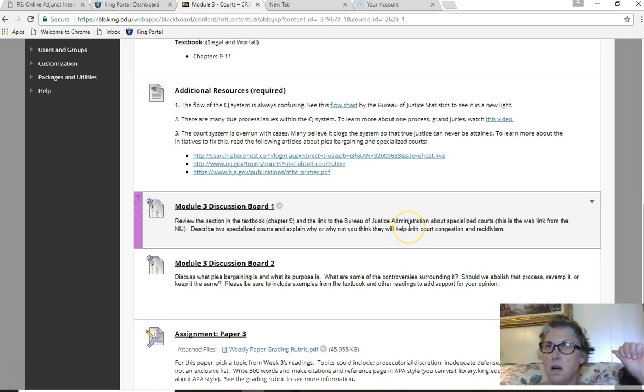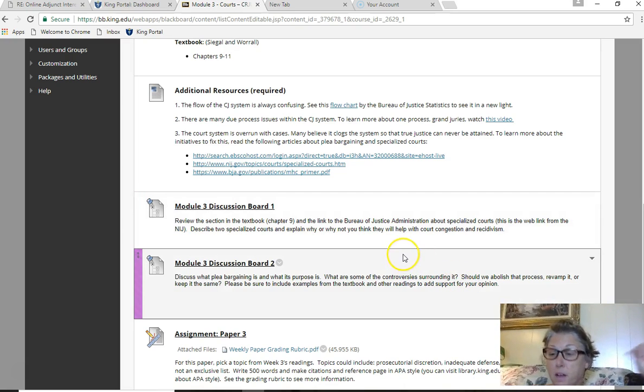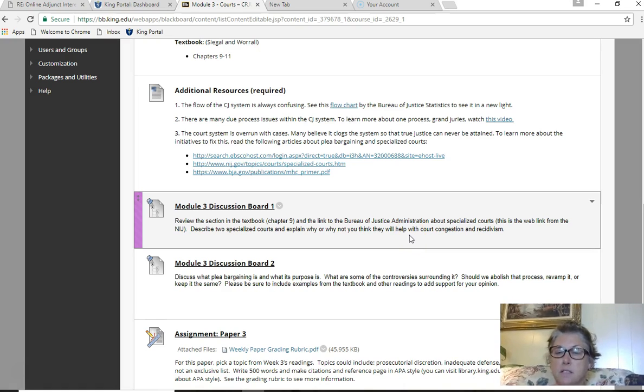Those can be restorative justice courts. We have domestic violence courts, drug courts, mental health courts, and these courts were created and designed to help the defendant. So if someone comes in, let's say to a mental health court, they might be diagnosed with a mental health illness. They also may not be diagnosed, but that could be why they committed their crime.